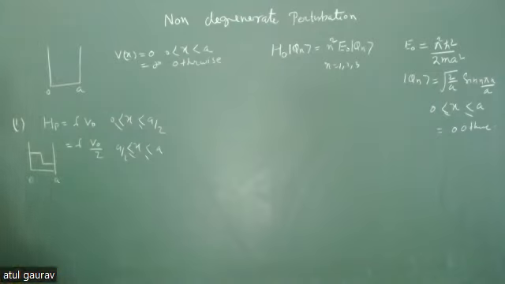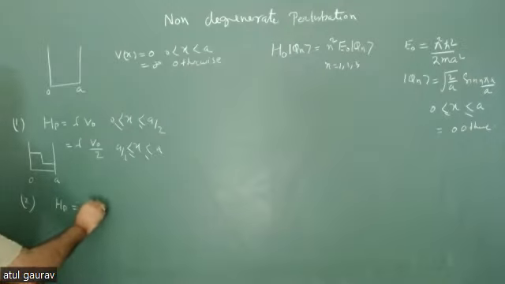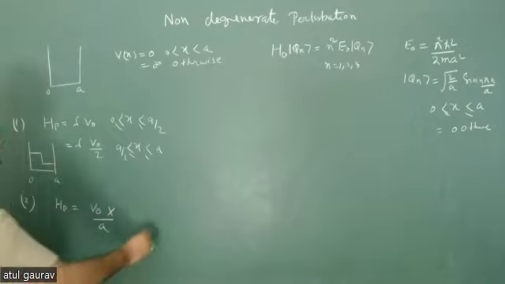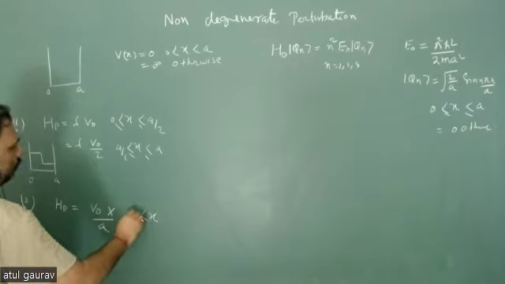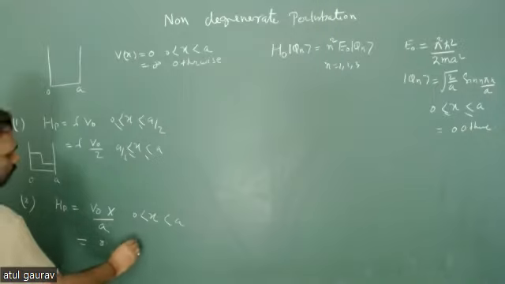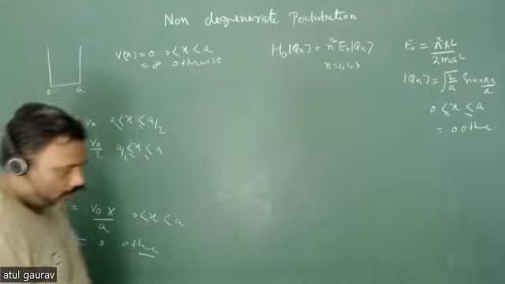The second perturbation is Hp equal to V naught x upon a, where x is between 0 to a and 0 otherwise. This is our second perturbation.